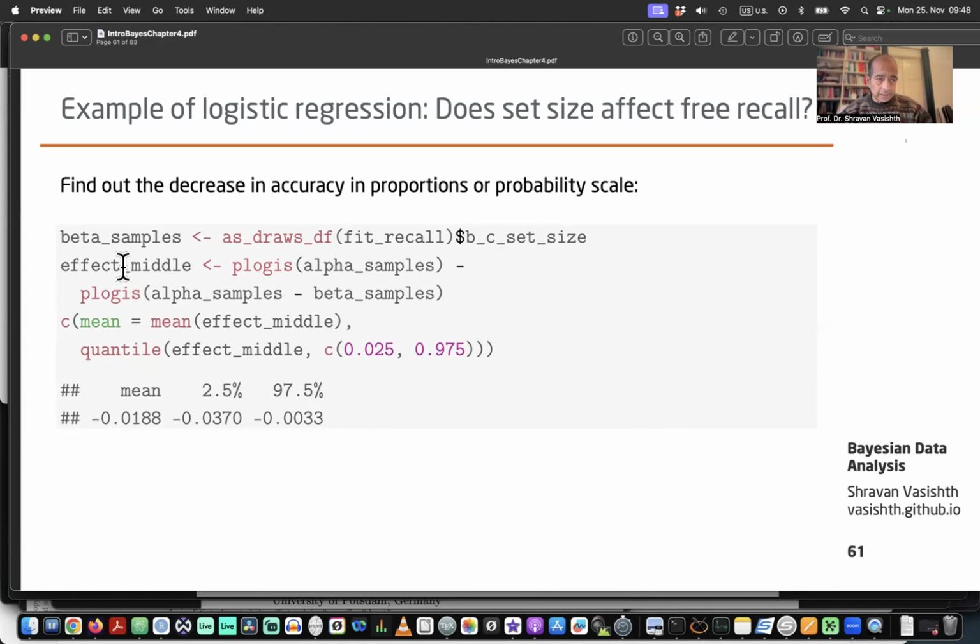what we are computing here, this effect middle. What it's computing is the probability of producing a correct response when you're at average set size, and subtracting from it the probability of producing a correct response when you're at the average set size minus one, right?